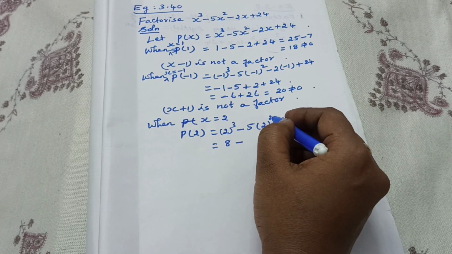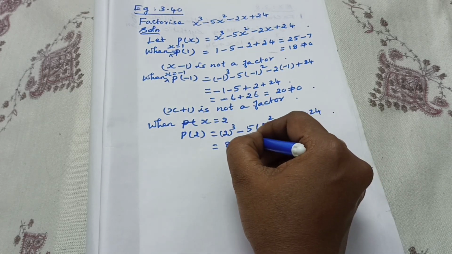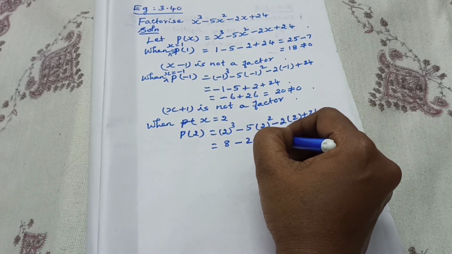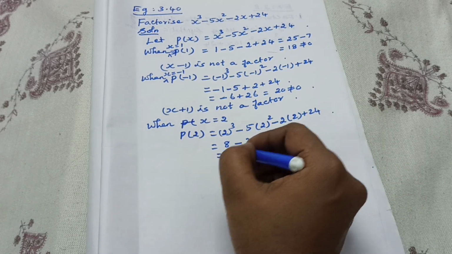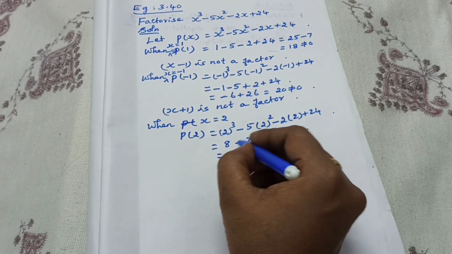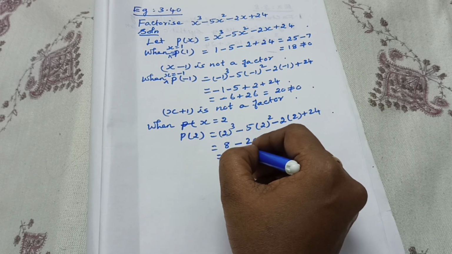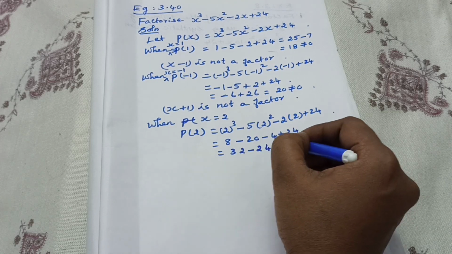Minus, 2 square is 4, isn't it? 4 into minus 5 is minus 20. 2 into 2 is 4, minus 4 plus 24. Then equal to 8 plus 24 is 32, isn't it? 32, then minus 24 is equal to 8.